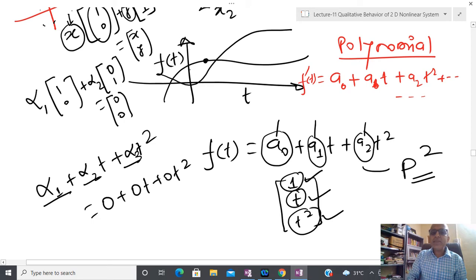So using an infinite dimensional basis, why am I telling infinite dimensional? Here you can see a0, a1 t, a2 t square, a3 t cube, and this goes up to infinity. I don't care where this is going. So in order to represent something, I have taken an infinite dimensional coordinate system, and in that particular coordinate system I am going to represent some function.